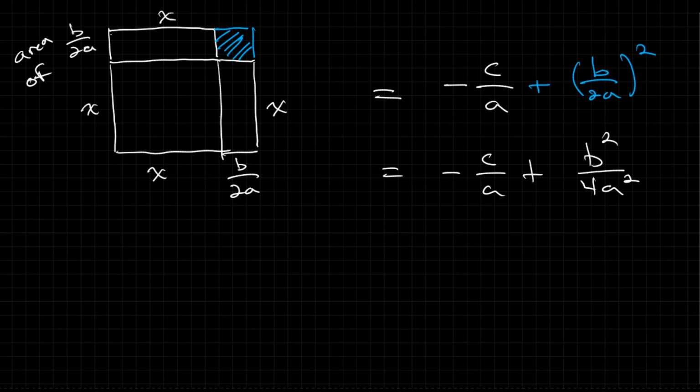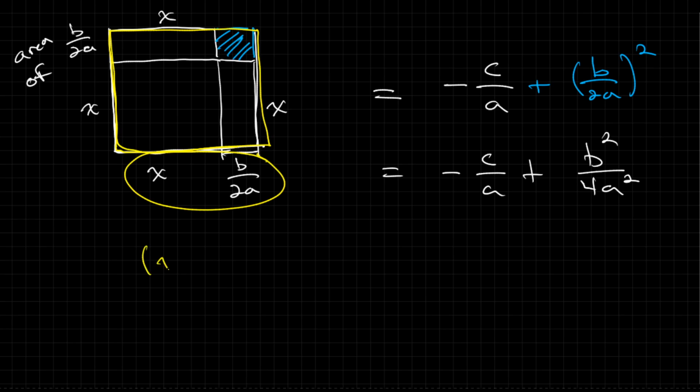Now I have the area of this large square on the left here equals something. So let's write out what the area of this large square is. The side length is x plus b over 2a. Area is side length squared, so this is going to be x plus b over 2a squared. And that's going to have to be equal to this right-hand side.